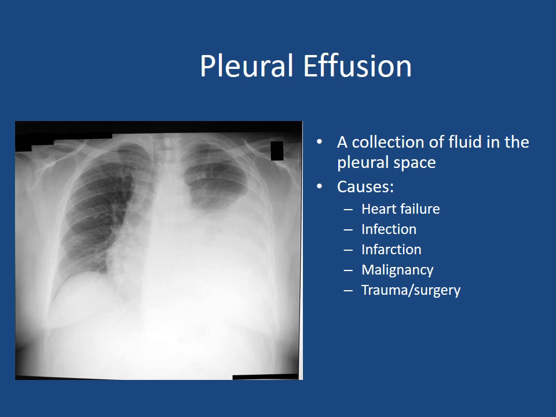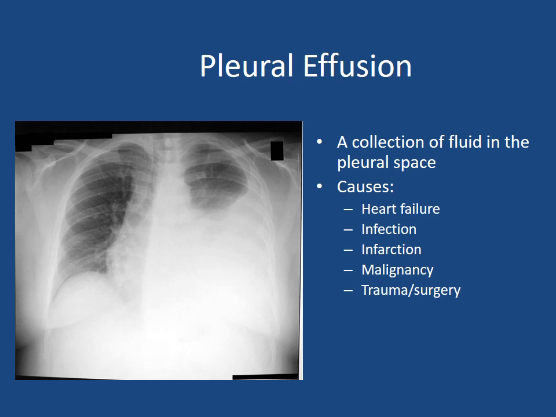The final pathology we're going to consider here is a pathology called pleural effusion. What a pleural effusion is, it's a collection of fluid within the pleural space. So where you have the lining of the lungs and the lining that lines the chest cavity, the space between them becomes filled with fluid.